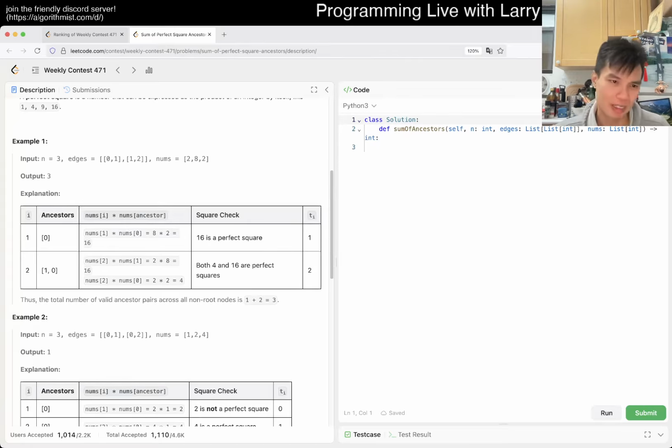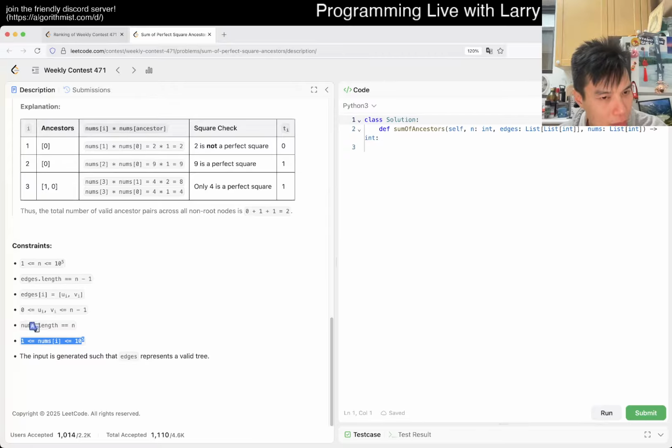So I have to draw it. I mean, I don't have to draw this out, but I should draw this out. So you have 2a2. Right, and then 2 times, oh, it's the product, not the sum. So we just have to track the evenness, the odd-evenness of numbers, primes up to 10 to the 5th.